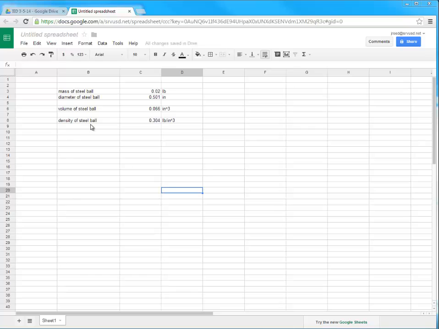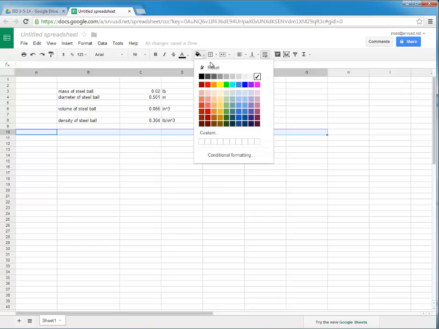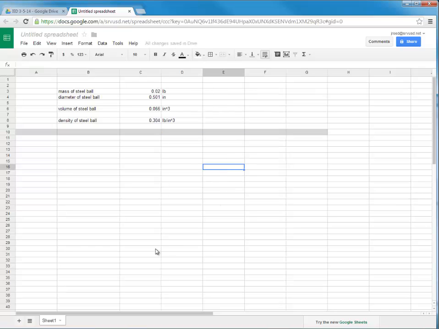Now, where the power of this really comes in is if you want to kind of have another calculation. So what I'm going to do, just to kind of keep things neat, I'm going to grab some rows here, come up here, I'm going to get it a different color, nothing too flamboyant. But I'm going to take this whole thing and I'm going to do a Control C for copy.